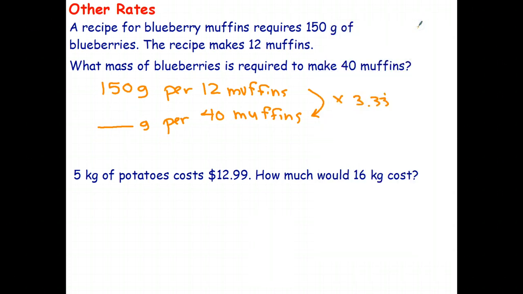So I went 150 by 3.333, 500, and therefore 500 grams of blueberries. So as you can see, let me just finish writing this. As you can see, the method is very, very similar, but the setting out has to be slightly different. Okay, why don't you try the next question on your own, please, using that as your guide.